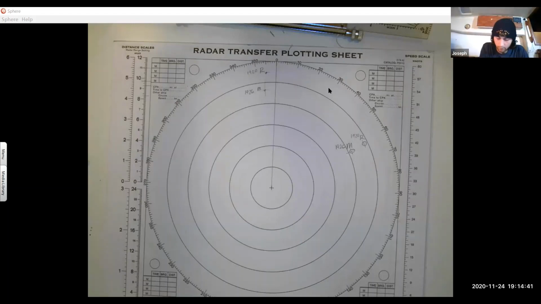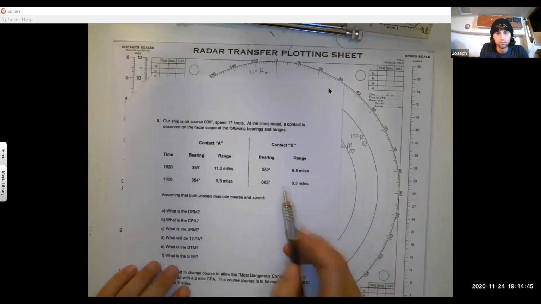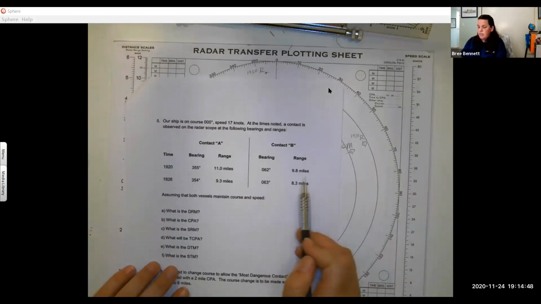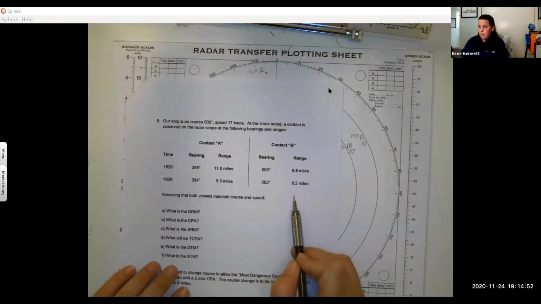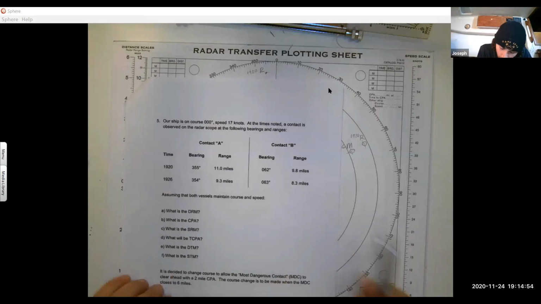What were the coordinates for the second target? We had 062 at 9.8 and 063 at 8.3. Okay, thank you.